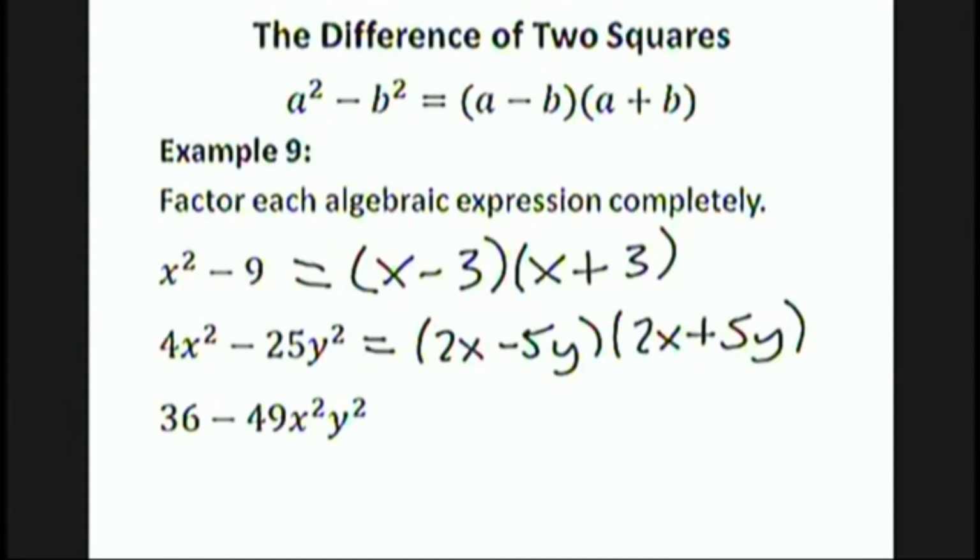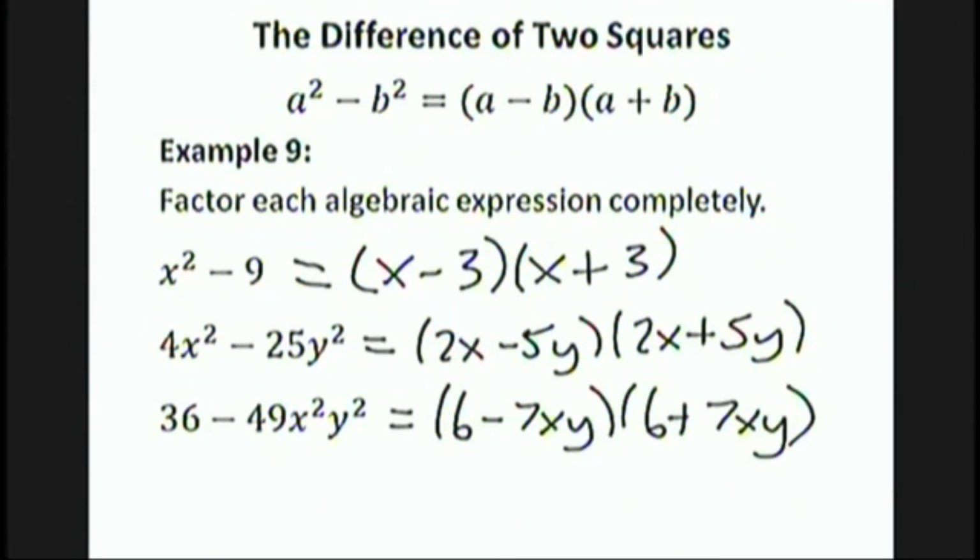And 36 minus 49x squared y squared factors as 6 minus 7xy times 6 plus 7xy.